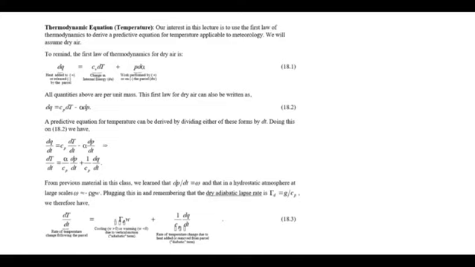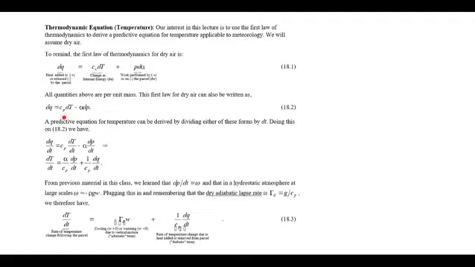And so to get one for temperature, we use the first law of thermodynamics, because this is our conservation equation for heat. As you see here, heat added to a parcel is the change in internal energy plus or minus work performed by or on the parcel, depending on the sign. The other alternative form, like we've talked about, is dh minus alpha dp.